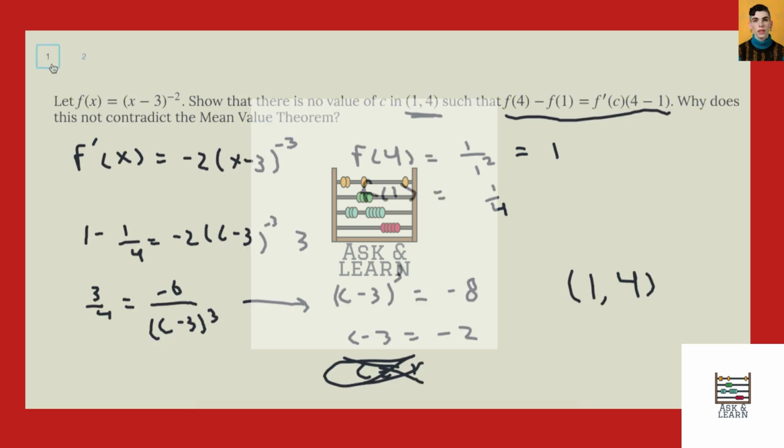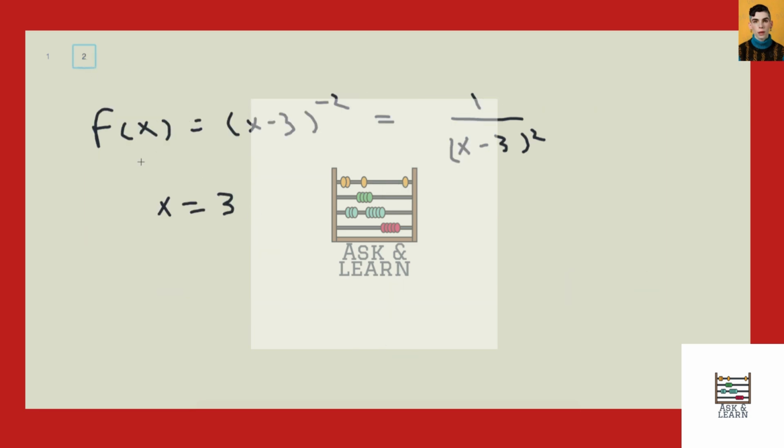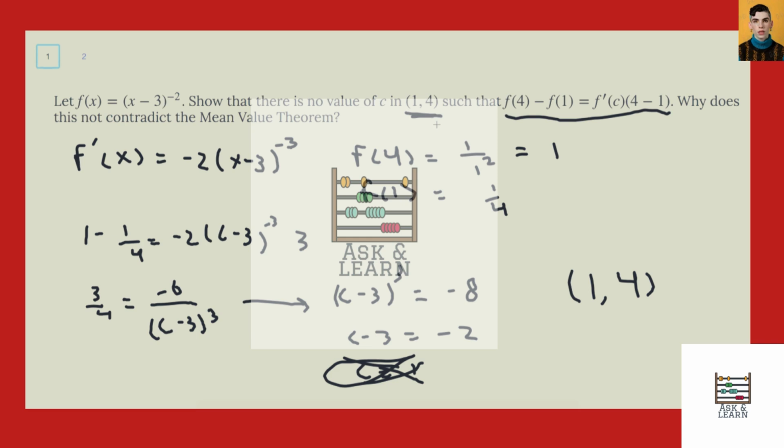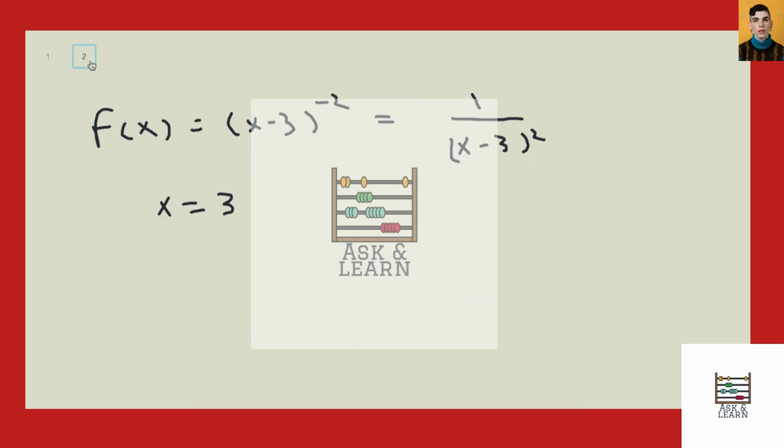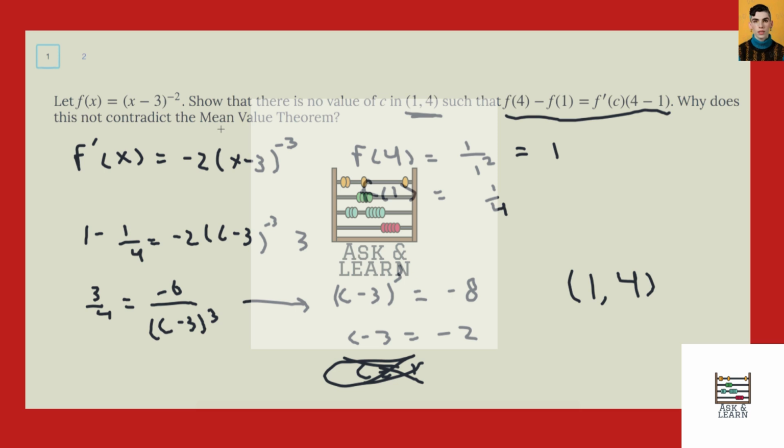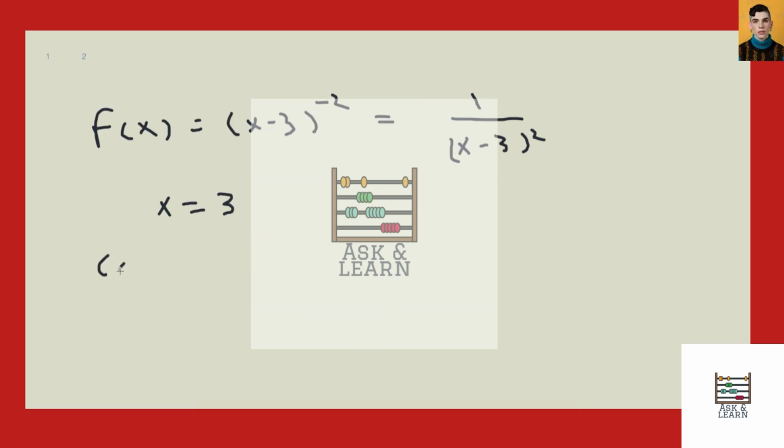And we are in the interval from 1 to 4, and 3 is included in 1 to 4. So there's actually a discontinuity in our function in the open interval 1 to 4. That means that the condition required for the mean value theorem, continuity, is failed.